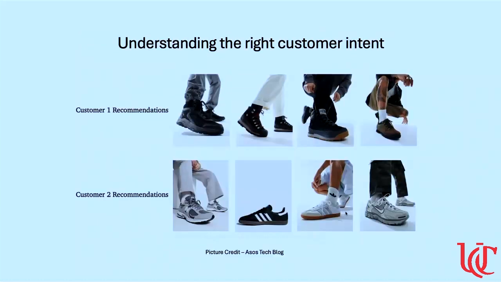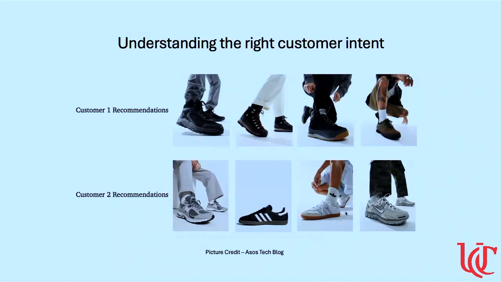Based on how you understand the context, the first customer should get recommendations based on outdoor activities. Sneakers with high boots, or which can be used for hiking or outdoor gear, are more relevant recommendations for the first customer.